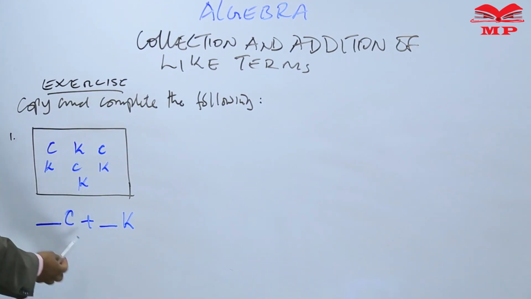You write down here. How many C's are in this box? You write down here. So that is number one.